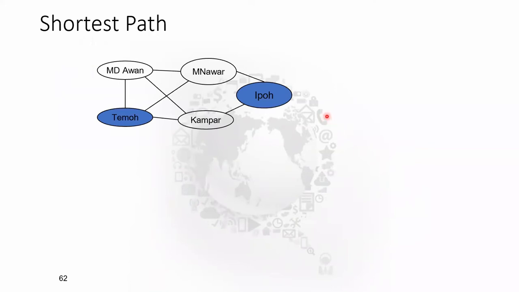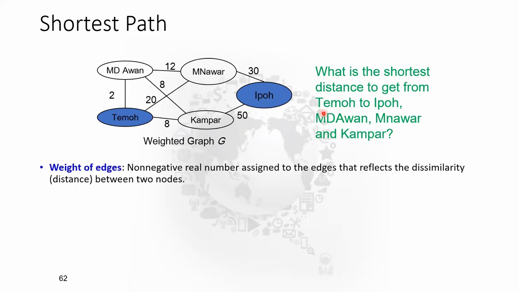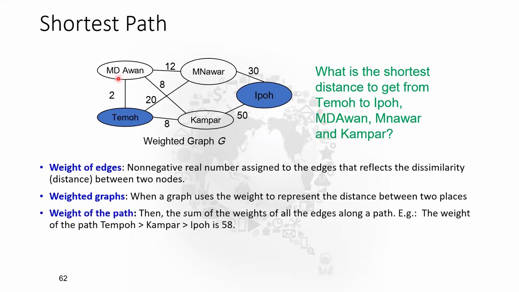So after we talk about how the graph travels, let's say the problem that we have here is that the nodes shown over here are the names of places: MD Awang, M Nawar, Ipoh, Kampar, and also Thermo.